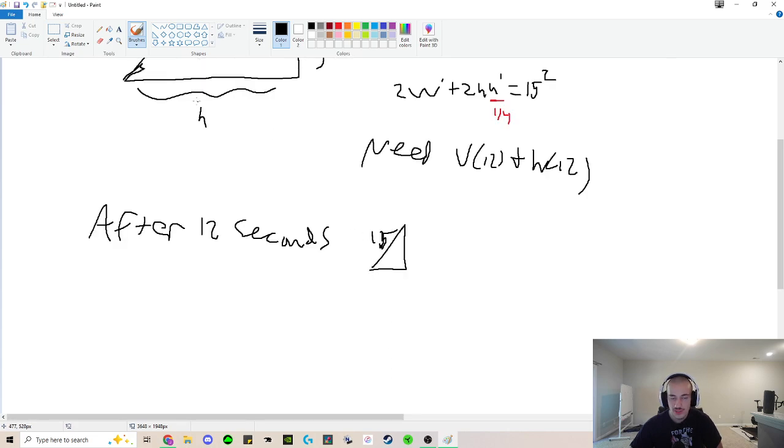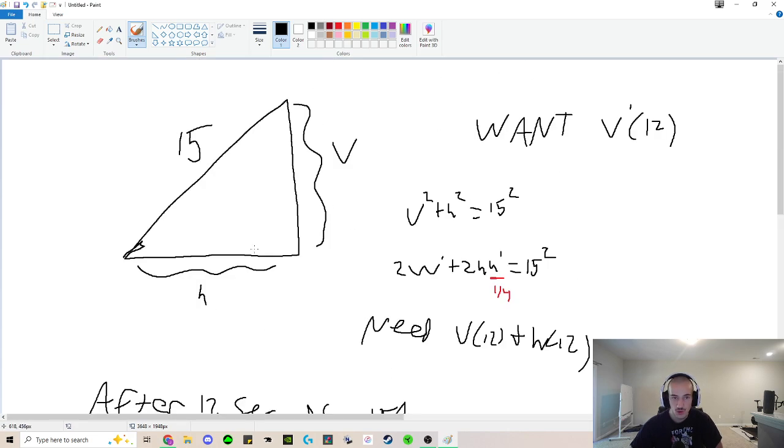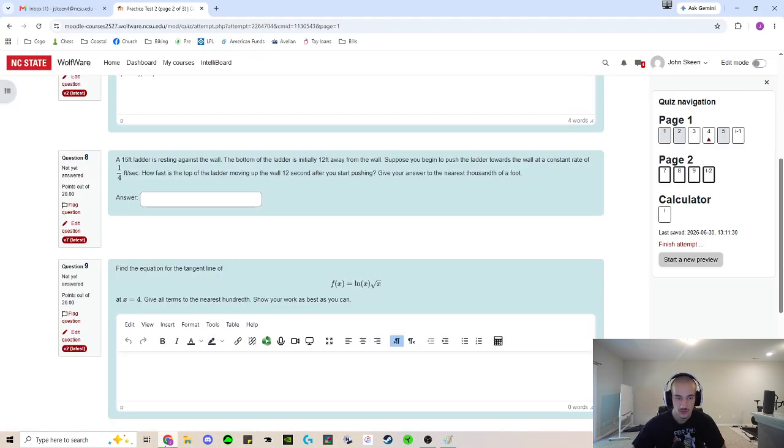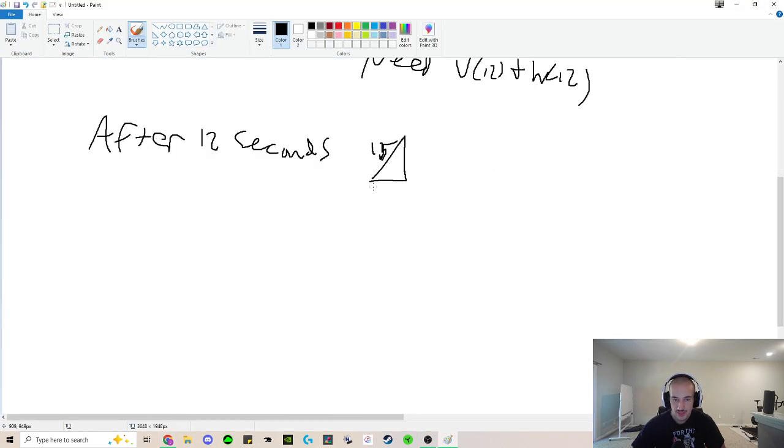Initially h was 12 feet away from the wall, but after 12 seconds this guy here is going to be 12, what it was starting at, minus 12 seconds moving at a quarter, right?